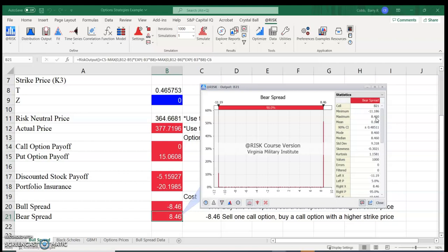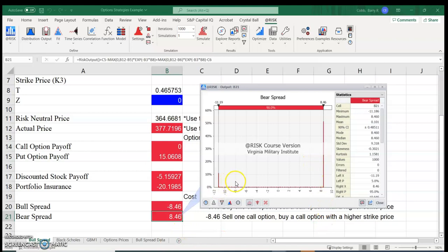It will be helpful to go ahead and graph this and see what the profile looks like. It's typically going to have a mean payoff very close to 0. We expect that. What we're actually betting on here is for the stock price to go down enough so that we lock in a certain return.